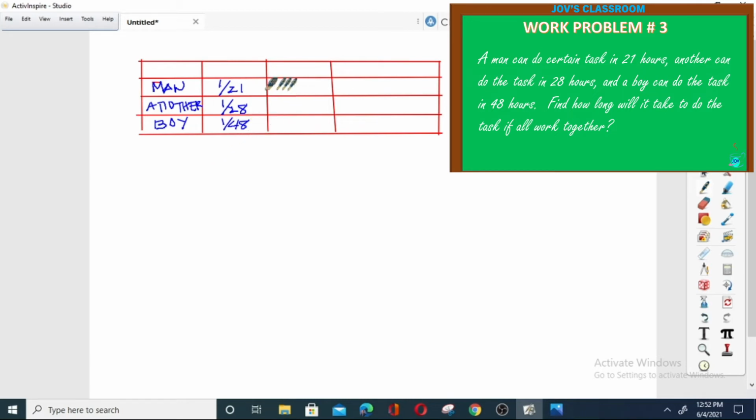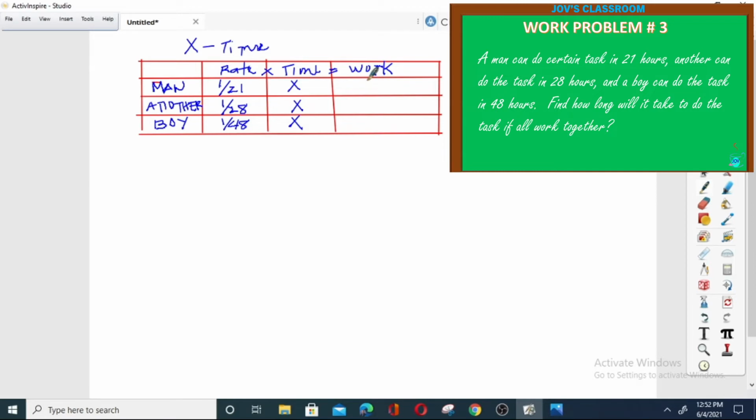Right? So this is the rate, multiplied by the time, and this is equal to the work. Their times are the same, so we will let X be their time. Since they work together, all of them have equal time.